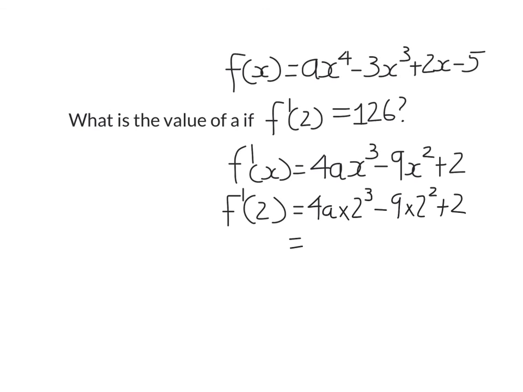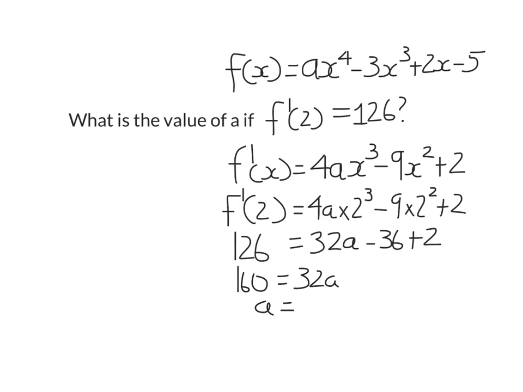So making this a little easier, I have 32a minus 36 plus 2. This is f dash 2. I'm told f dash 2 equals 126. So all I have to do is solve this equation. So I'm going to add 36 to both sides and subtract 2. I get 160 equals 32a, and therefore a equals 5.